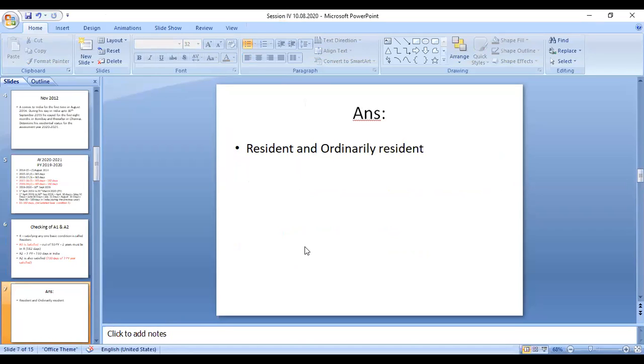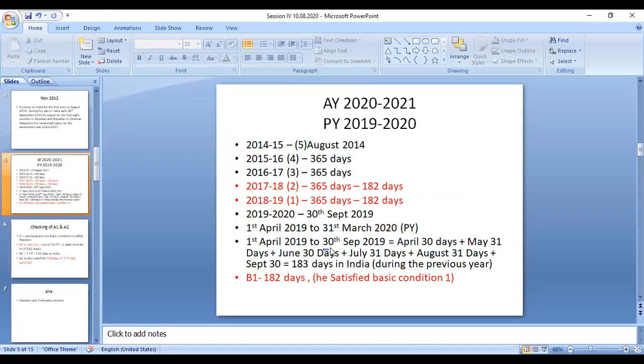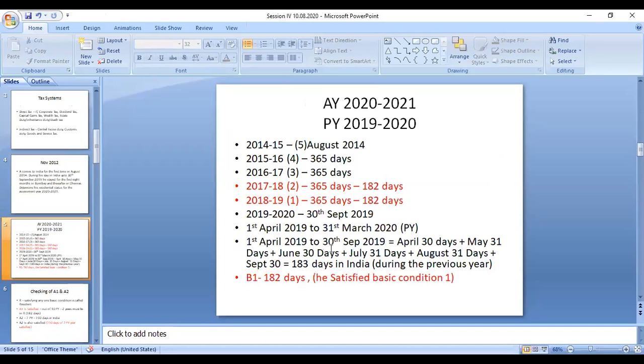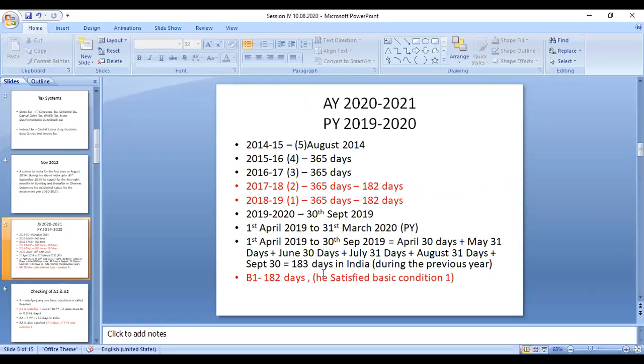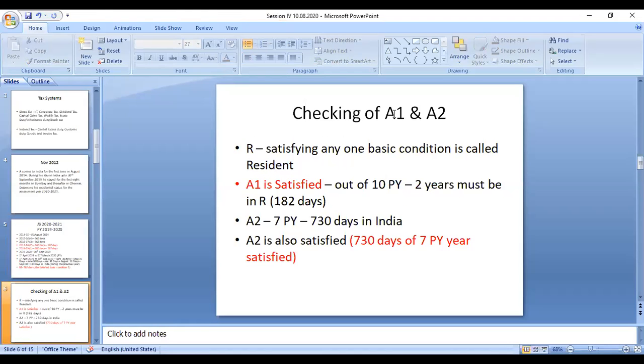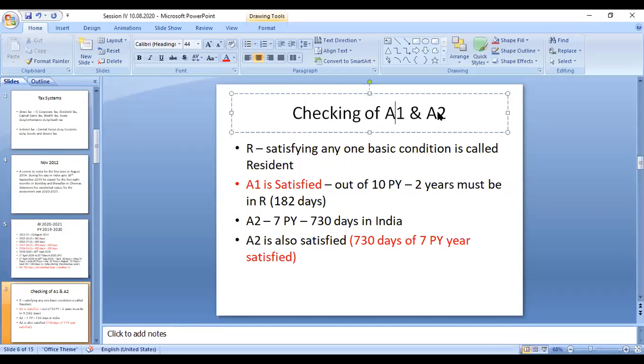Okay, so now if you are working out all the workings, you calculate the previous year number of days, verify the basic condition, check the previous conditions, and you can give the answer for the first one. And also you check additional condition 1 and additional condition 2, and you arrive at the answer: he is satisfied.